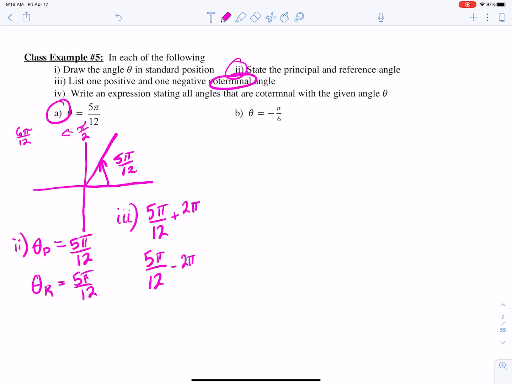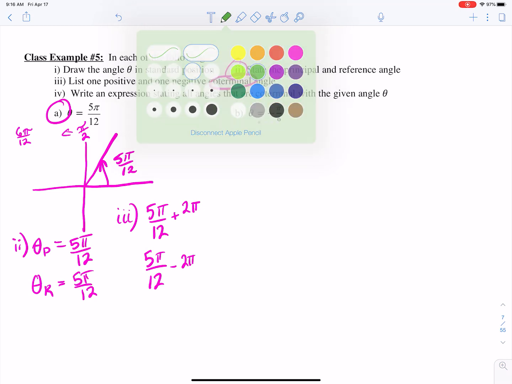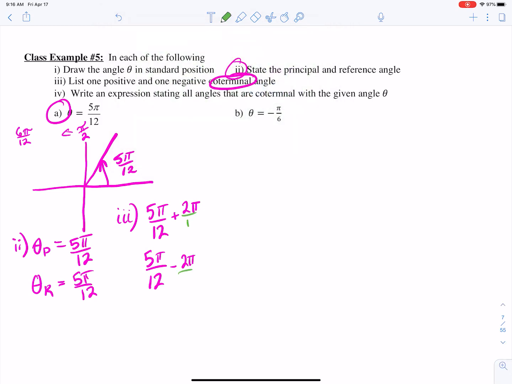Now we're going to get good at fractions again, because we love fractions. I'm going to find a common denominator of 12. So that would be 5 pi over 12 plus, and I'm multiplying both top and bottom by 12, so I get 24 pi over 12, and that would give me 29 pi over 12 as my positive coterminal angle.